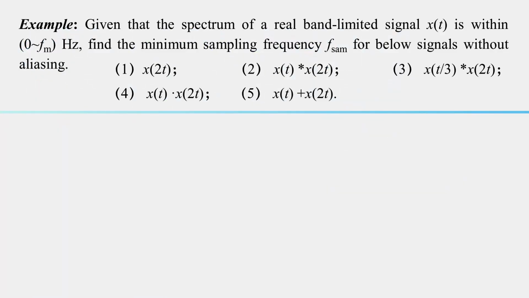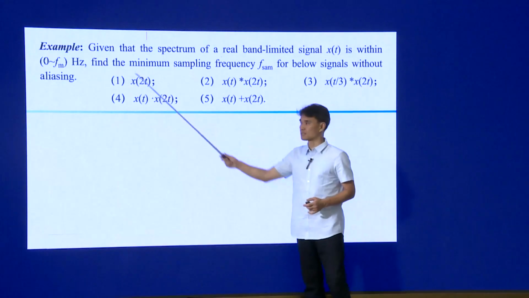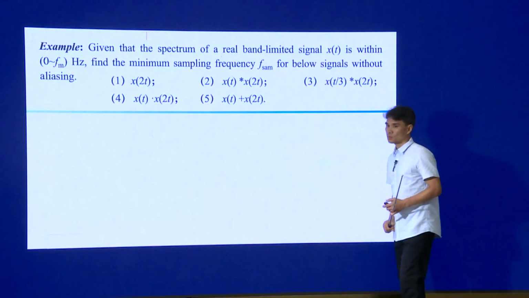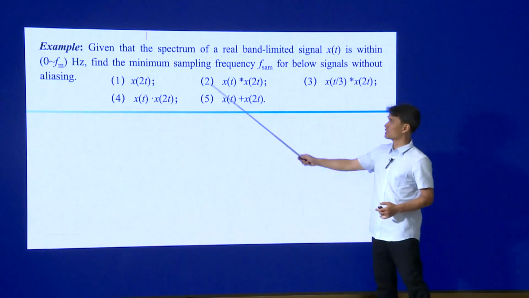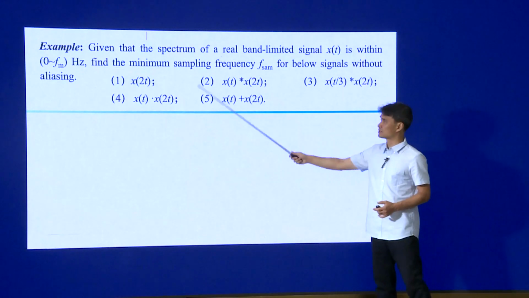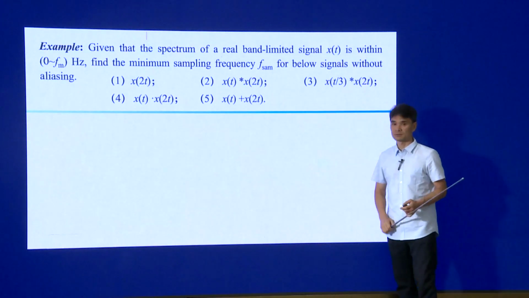In this example, we know that for a real band-limited signal x of t, if the maximum frequency is given as f sub m, then what are the minimum sampling frequencies for these 5 different signals?